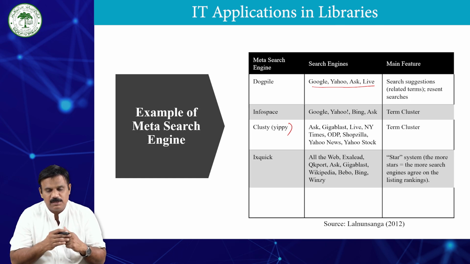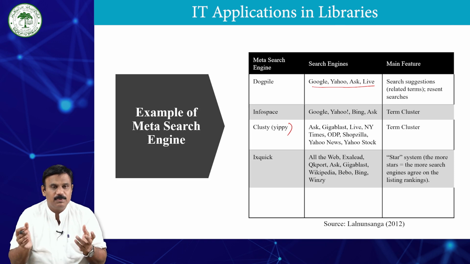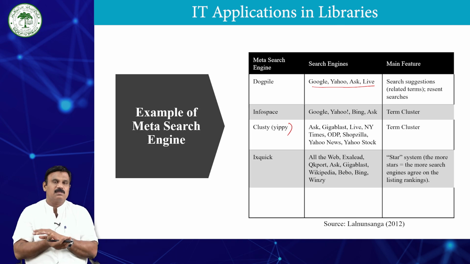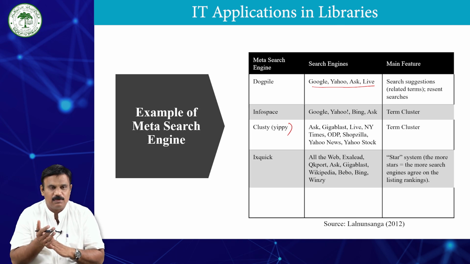Clusty or Vivisimo has more search engines like Ask, Gigablast, Live, New York Times, ODP, Shopzilla, Yahoo News, Yahoo Stock. And it also has the term cluster feature. Ixquick has more scope: all the web, Exalead, Quikport, Ask, Gigablast, Wikipedia, Bebo, Bing, and so on. So it approaches more search engines for scanning or indexing.